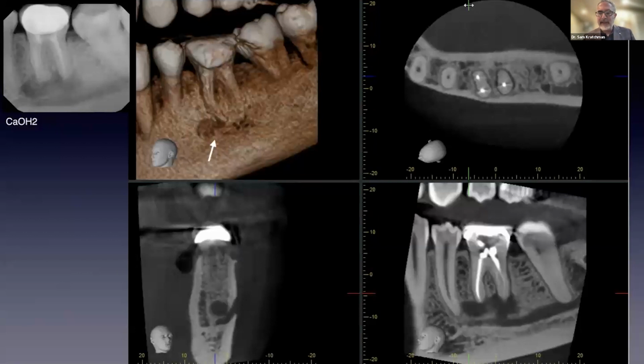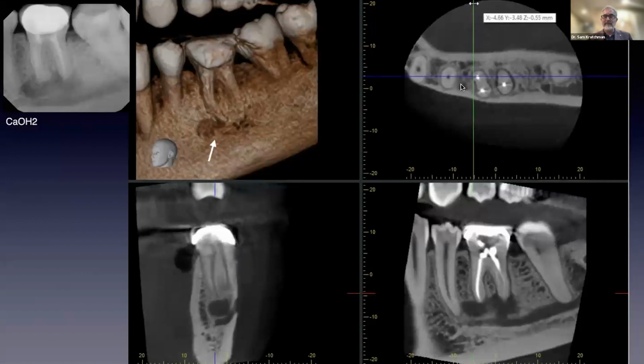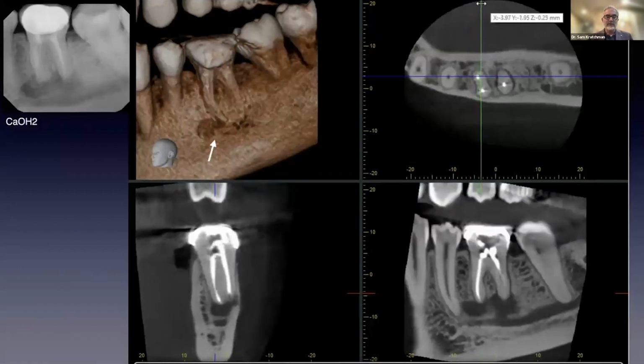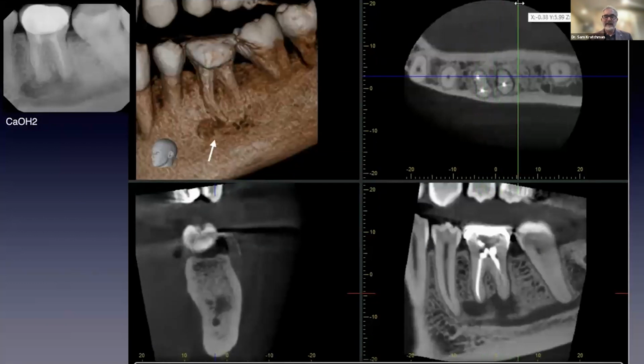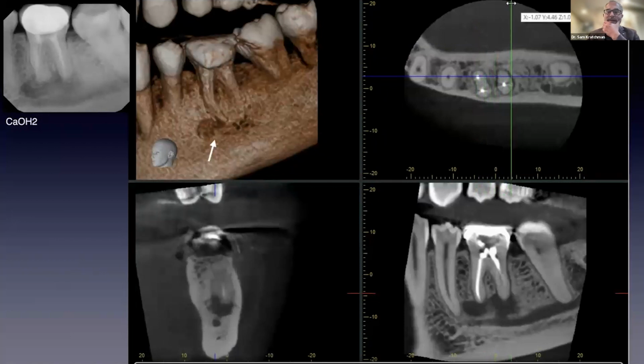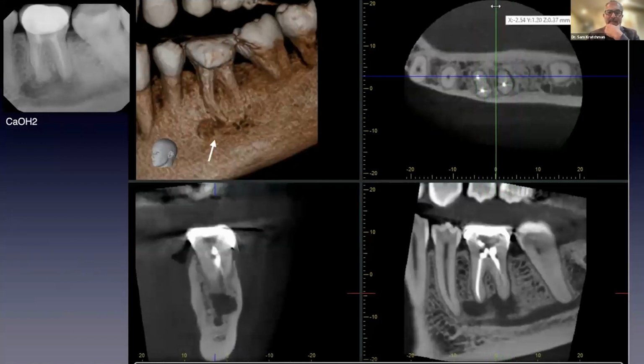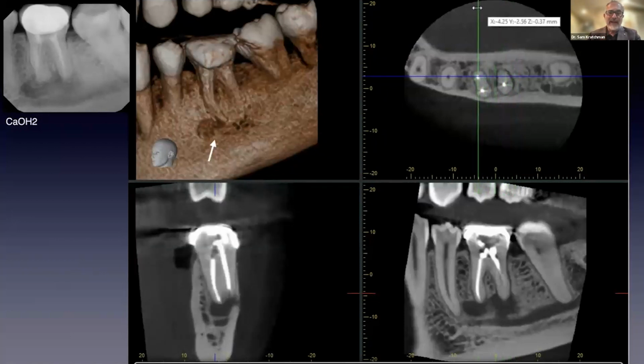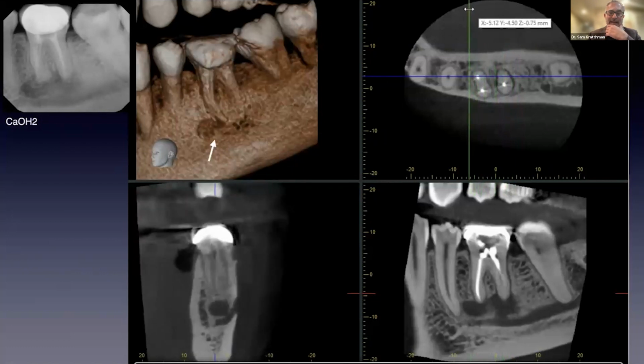This patient came into Penn. One of my residents was thinking of doing apical surgery here. She took a cone beam, and this is a video that we make showing that we're scrolling here. If you look closely, I'm scrolling with the green line up top, but I'm looking down here, and you can see that the mental foramen is coming out right where the lesion is of the tooth.